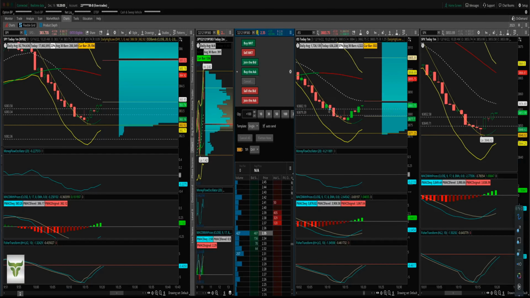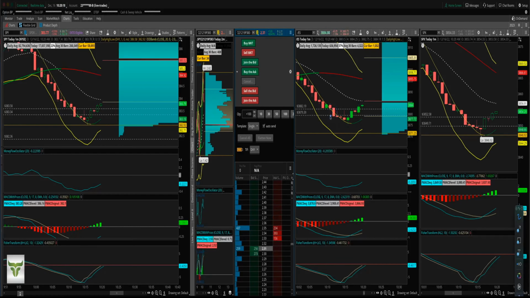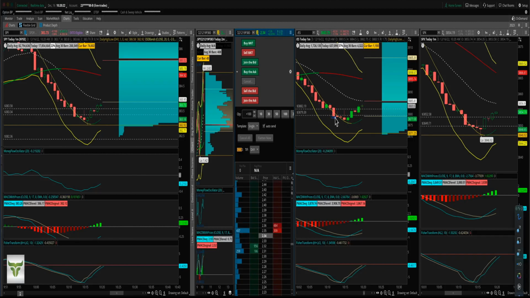So that's why I'm walking this stock down here and moving my price levels down. And then this is the last red soldier right here. It's a big thick one, a big sell.